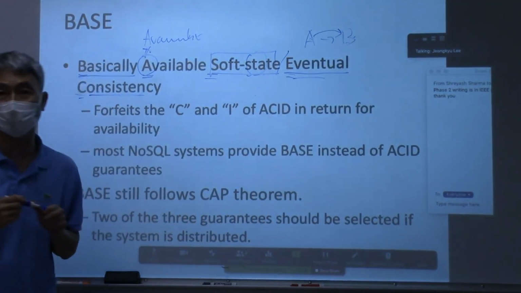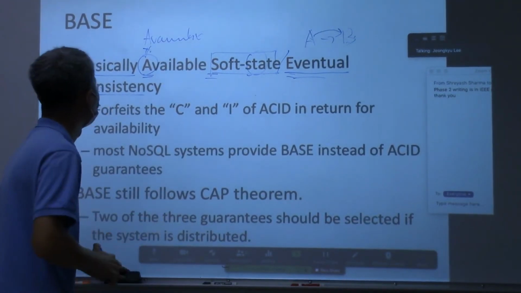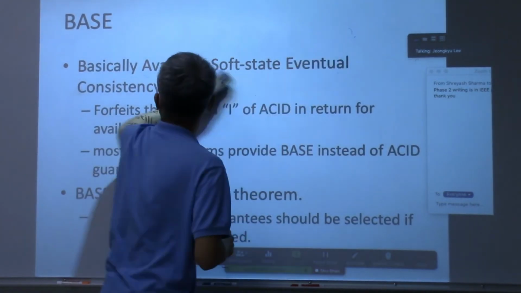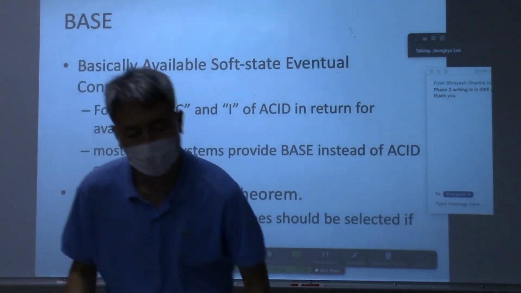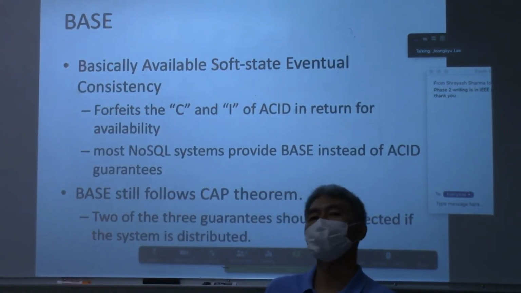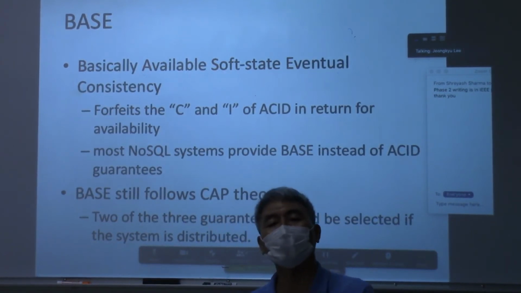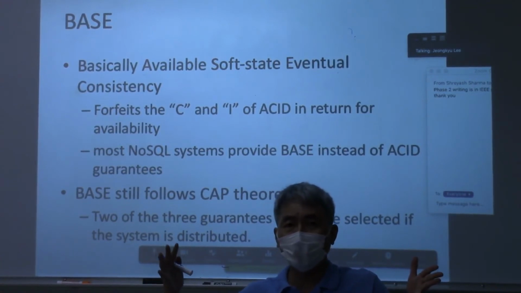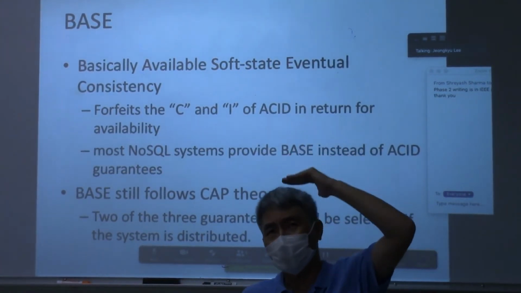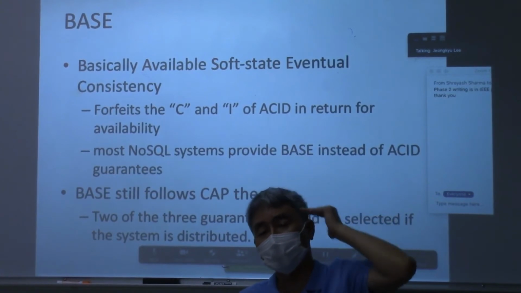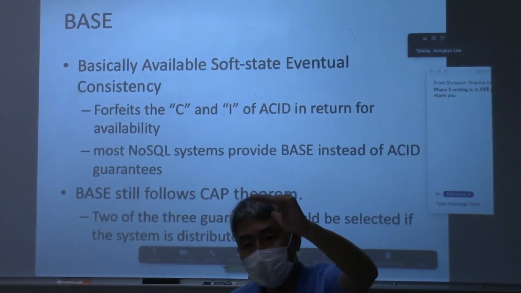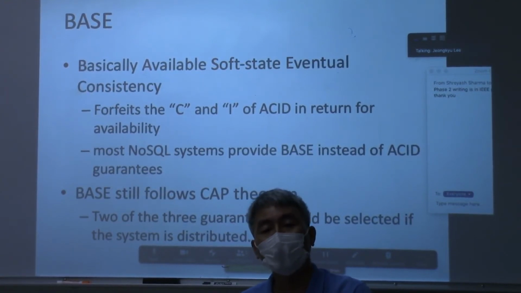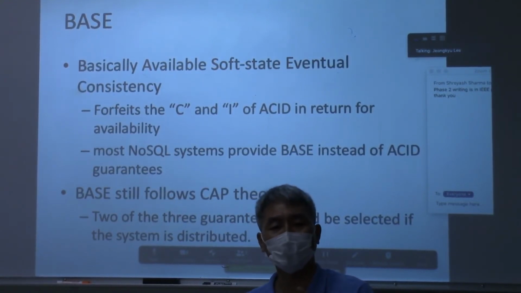So it's called the soft state, and eventually, the consistency. That's the idea. So it's called the BASE transaction, which simply means relaxed ACID. ACID is too strict, keeping very strong consistency. But our NoSQL database is loose, weak consistency.